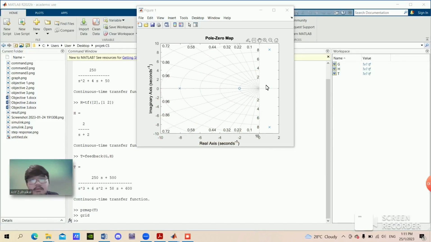From this graph, we know that this system is unstable because there are two X marks at the right side of the graph.